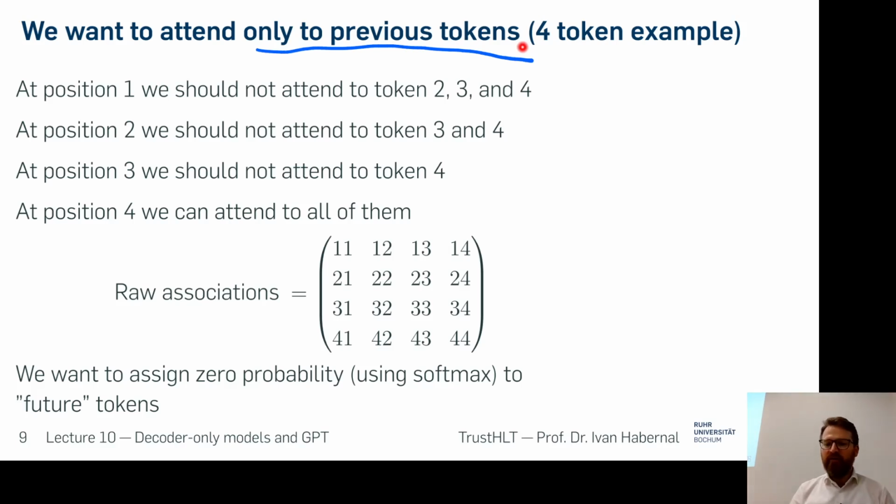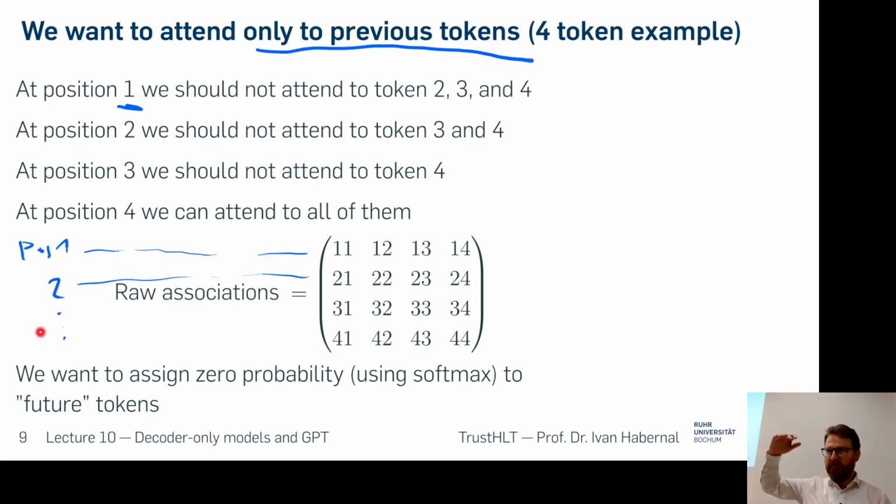What we really want is that position 1 corresponds to this row, position 2 corresponds to the second row, and so on. Each row corresponds to one token. At this position, we are not allowed to look into anything else.